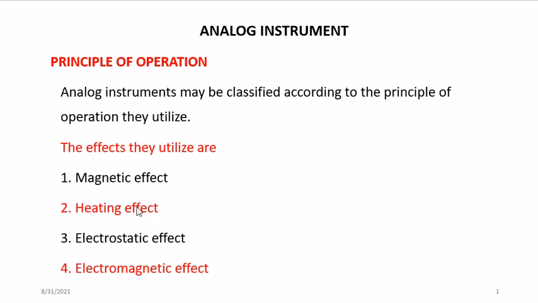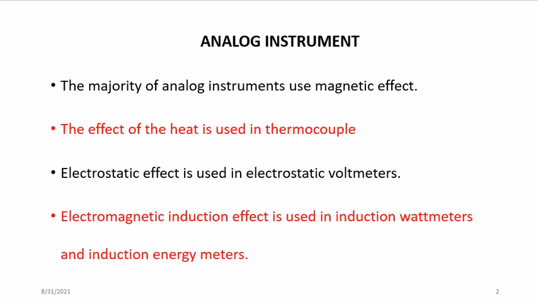It can be heating effect, electrostatic effect, and of course electromagnetic effect. So we are going to be looking at these effects one after the other until we categorize them into different classes.